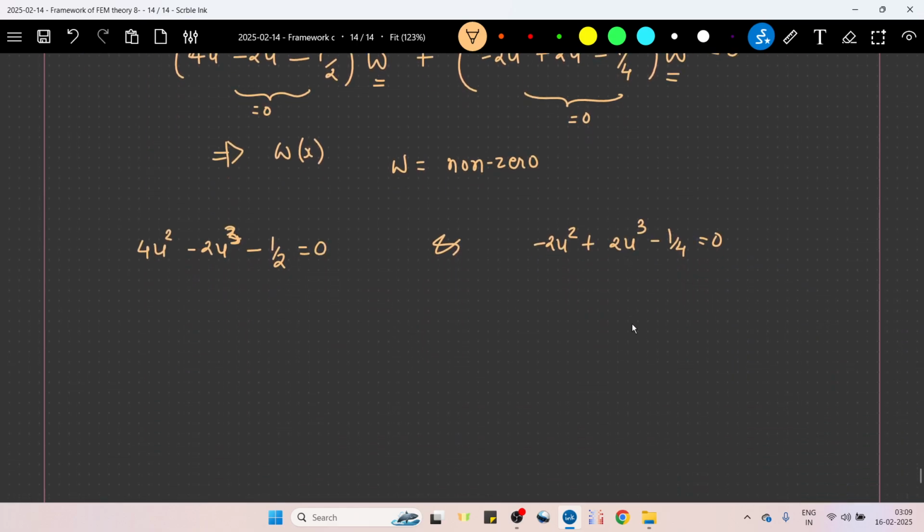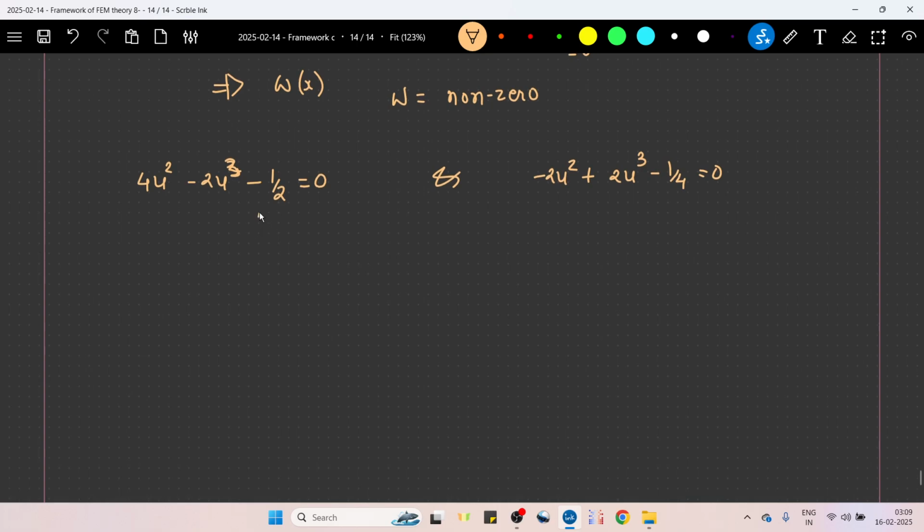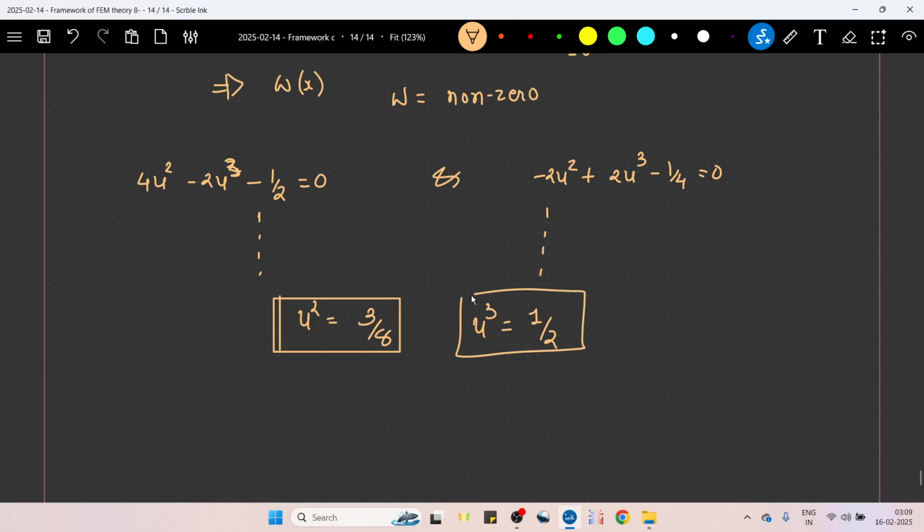If I solve this, I will not derive it here, but I will directly write the solution: u2 is equal to 3 by 8, and u3 is equal to 1 by 2, and u1 we know already, u1 is the boundary condition.